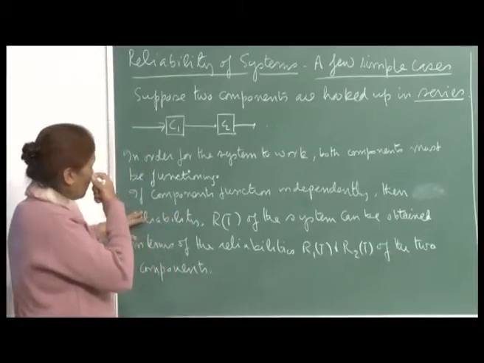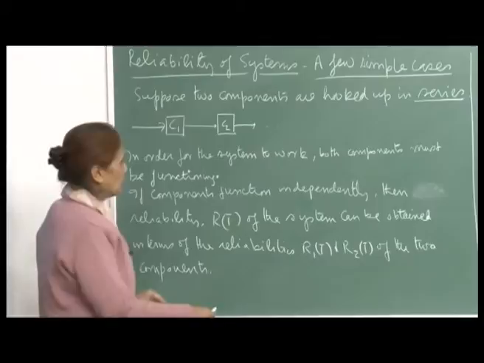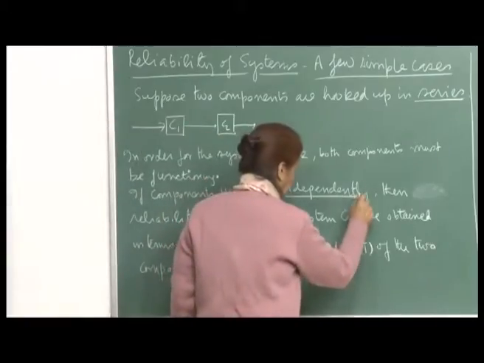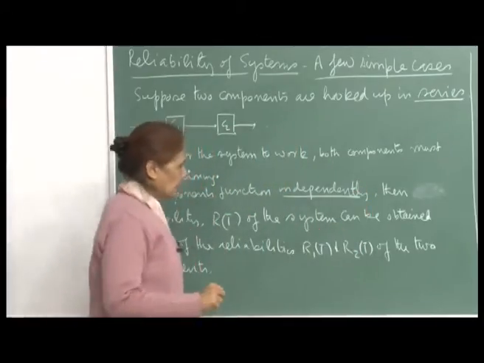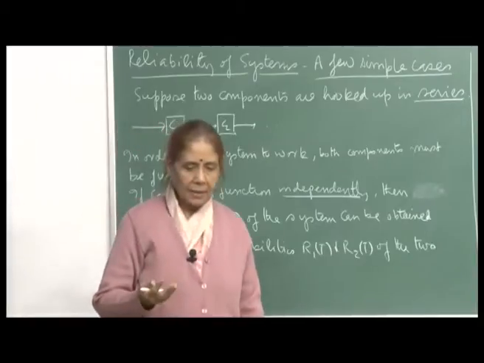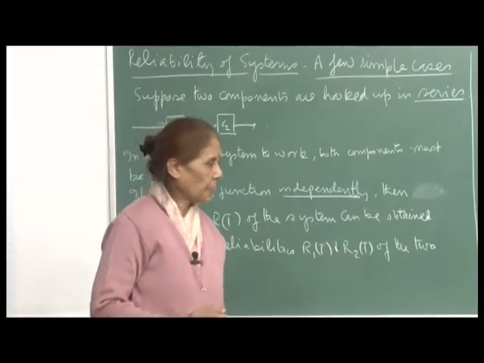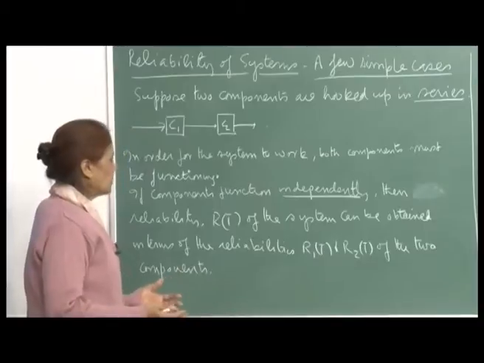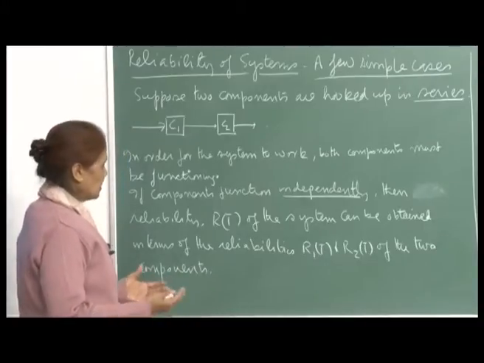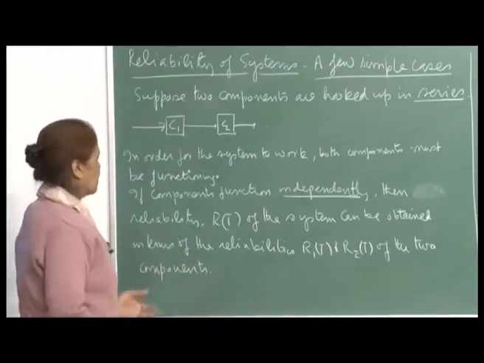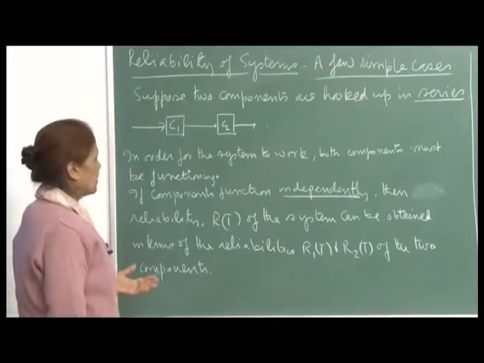Now, we also make the assumption, and this is important, otherwise things will get complicated, and we have learnt methods for handling dependence also, but right now we just assume independence to show you how to compute the reliability of the system.